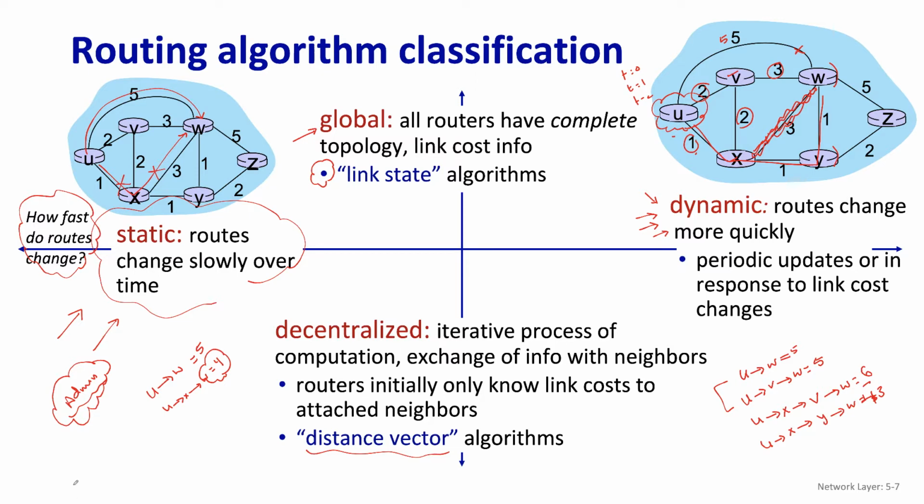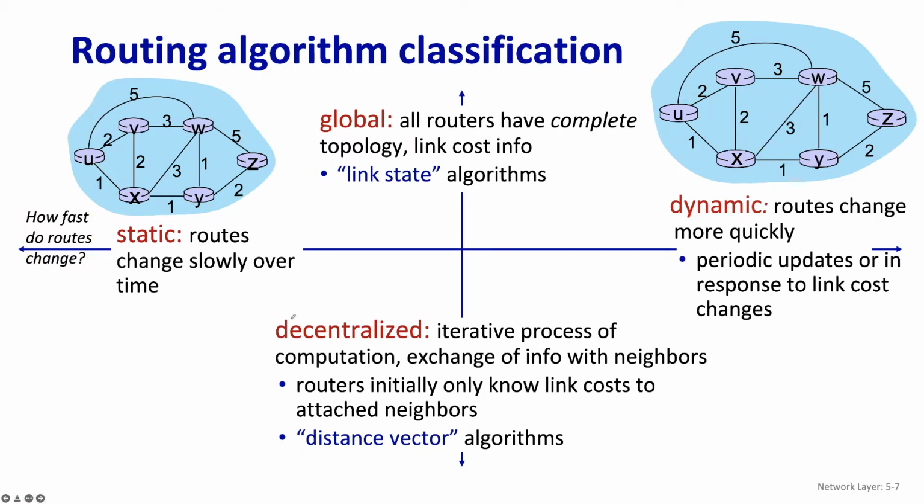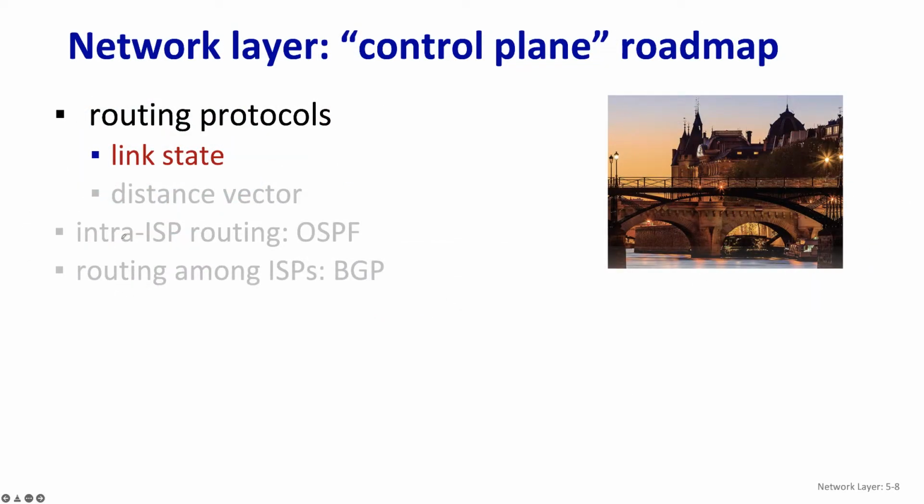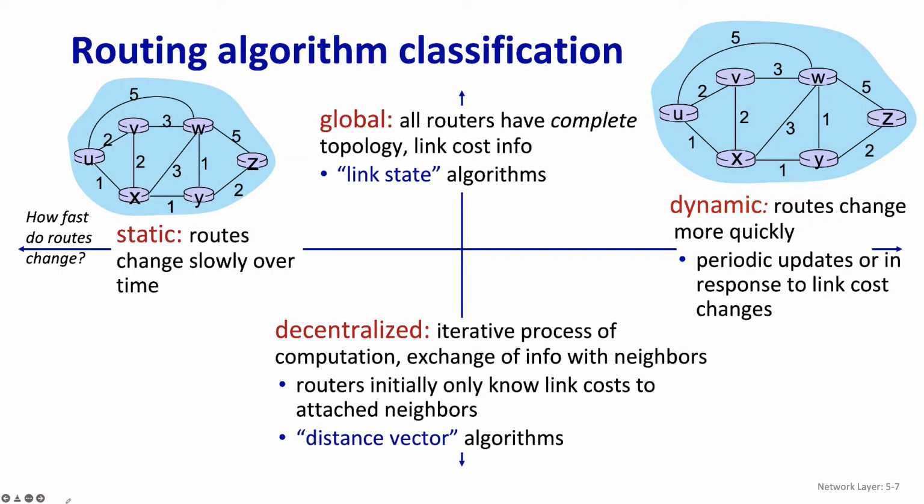Okay, another thing that I want you to understand is, most of the time, when you are using the static route, hold on, let me go back. So let's go with the pen here. When you are using the static route, you will always have to define all the nodes. So let's say if you want to define a route from U to Z, you have to define the next hop.